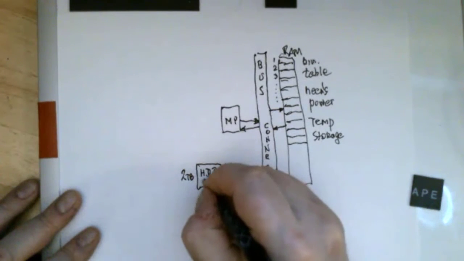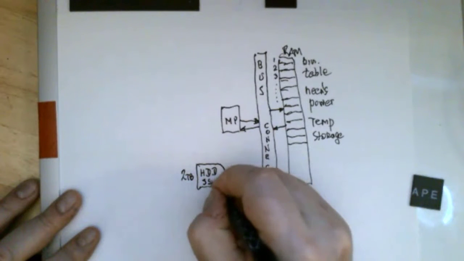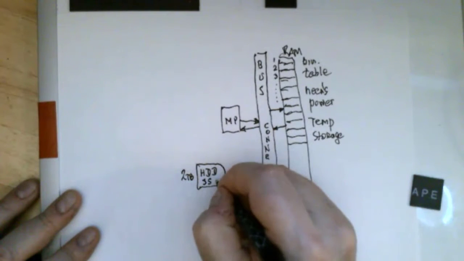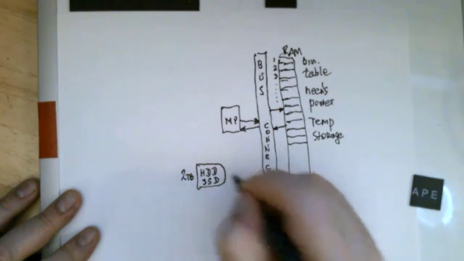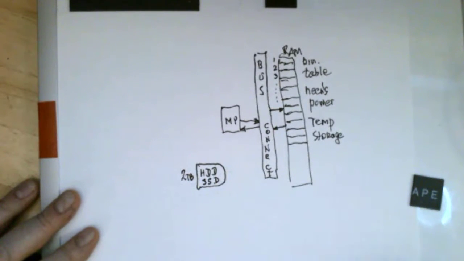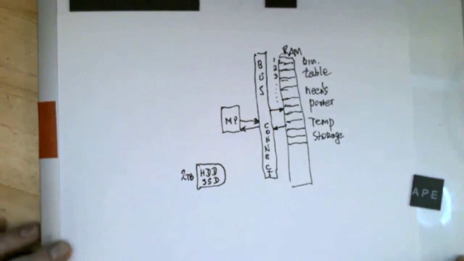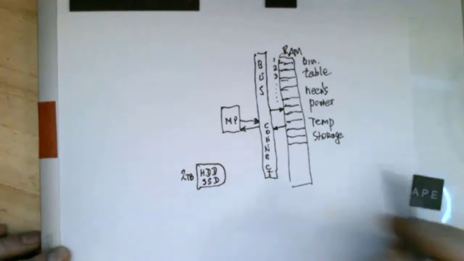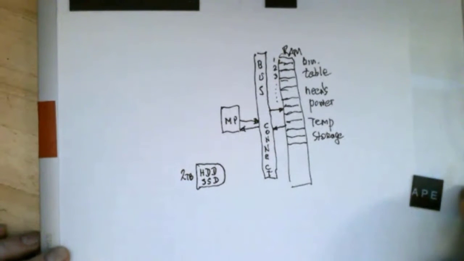Or it could be SSD. It's a more innovative design of the permanent storage. What is the difference between permanent storage and temporary storage?